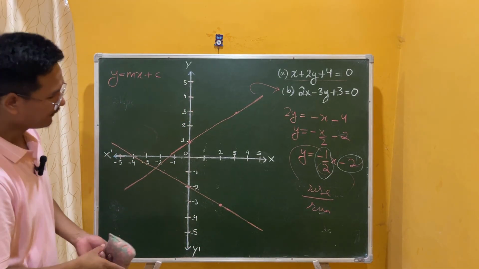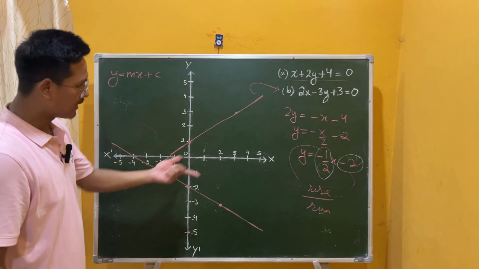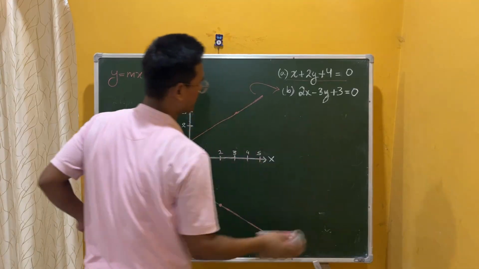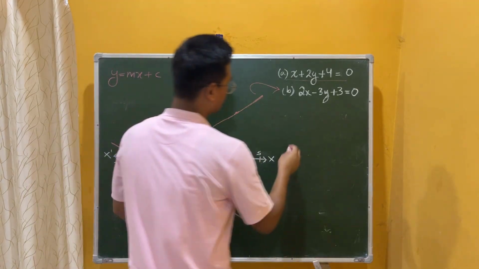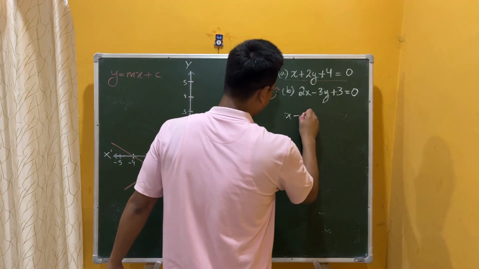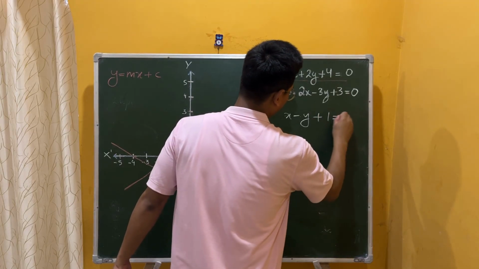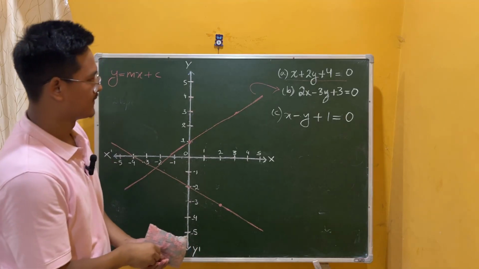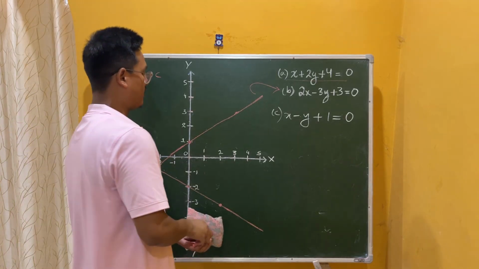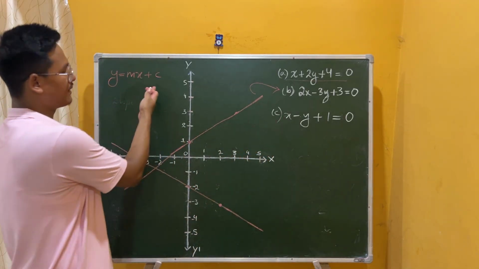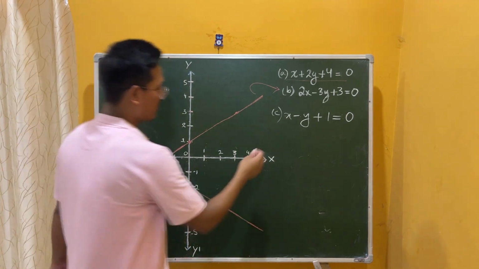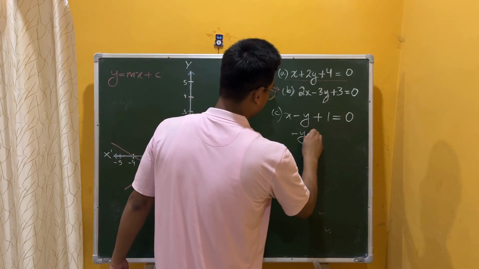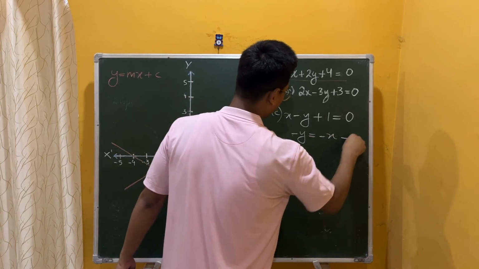So that was interesting. Now I give you one more equation. In fact, I have two more equations. So let's do this one: x minus y plus 1 equals 0. Let's say this is equation C. Again, converting this to y equals mx plus c form, I'll get minus y equals minus x minus 1.